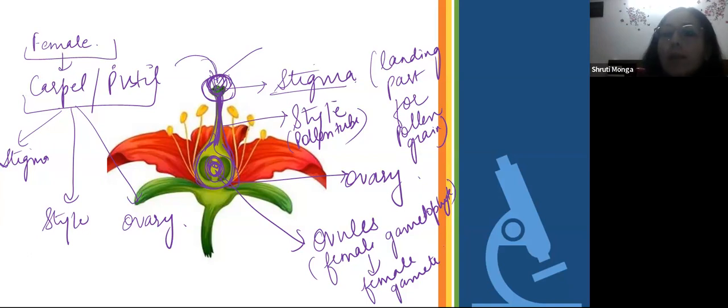From the stigma, the pollen grain will enter the style. Basically, the pollen grain will start to form a pollen tube through which the pollen grains are coming. So the pollen grains finally reach the ovary. Inside the ovary, they reach the ovule, where they meet up with the female gamete. Then fertilization takes place and the zygote formation happens.